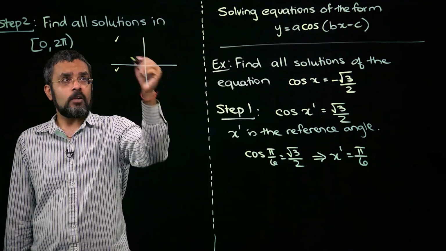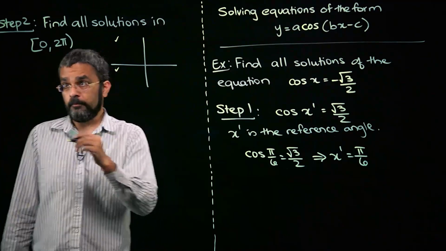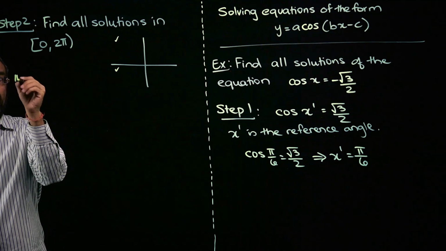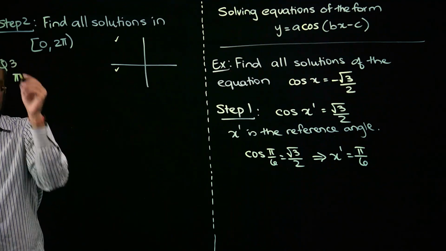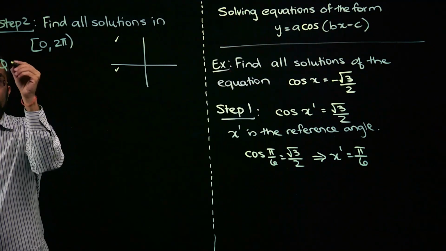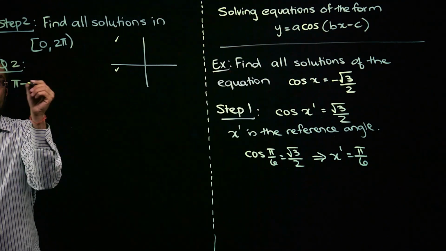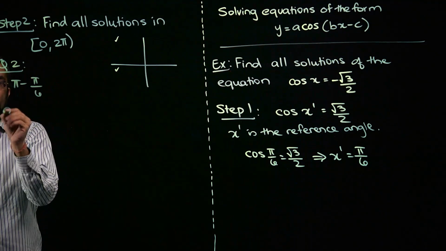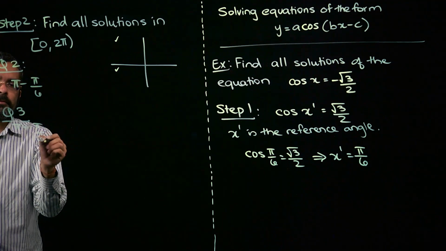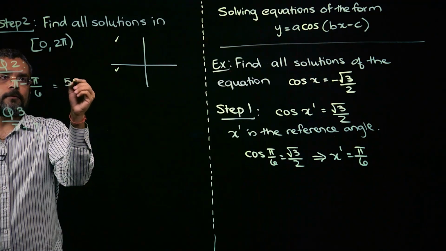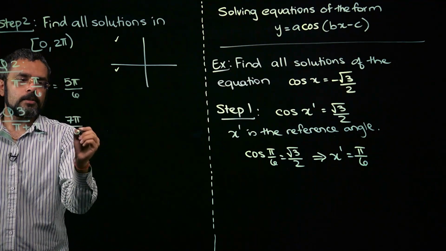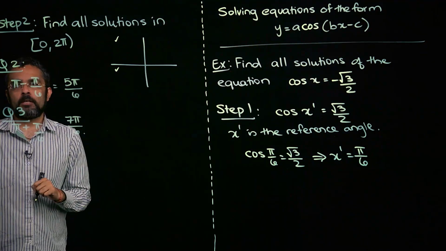So what is my angle going to be in each of these quadrants? In quadrant 2, my angle is going to be pi minus pi over 6, and in quadrant 3 my angle is going to be pi plus pi over 6, which comes out to be 5 pi over 6 in this case, and 7 pi over 6 in this case.